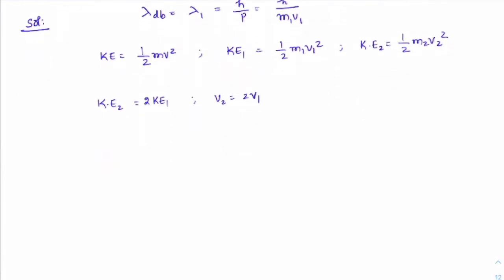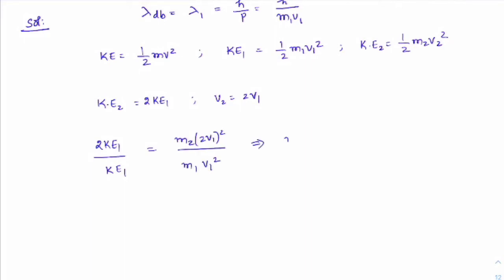So if I put that here, I would get 2 KE1 by KE1. I'm taking the ratio so that things get cancelled. So I'll have m2 (2v1)² by m1 v1².